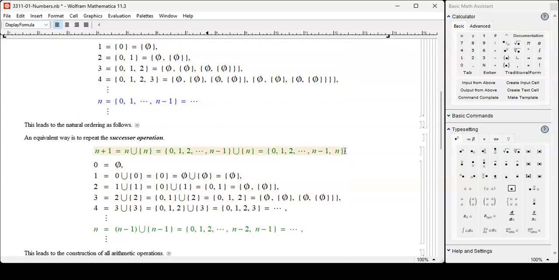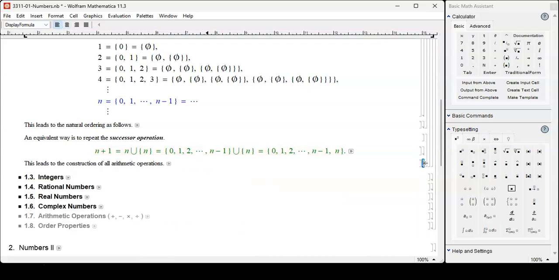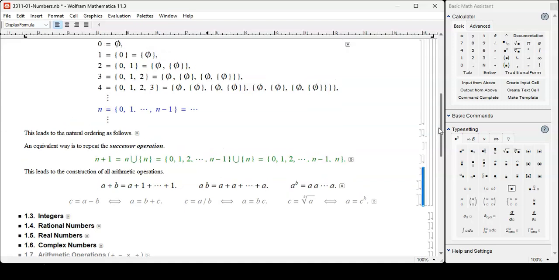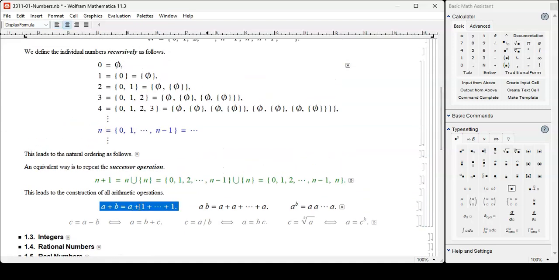But if you take the second viewpoint, you can construct algebraic operations like this. Addition as a repeated application of successor operation, plus 1, plus 1, plus 1, repeated b times. And then multiplication is repeated addition, a plus a plus a plus a, repeated b times.